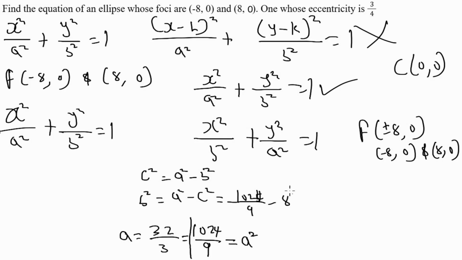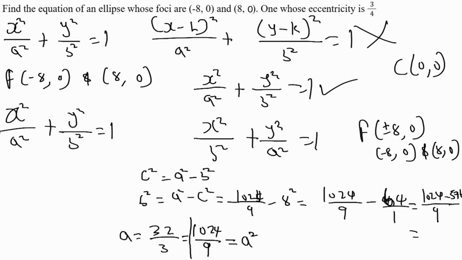It's supposed to be 8 squared, and that is 64. So we have 1024 divided by 9 minus 64. If the LCM is 9, we should have 1024 minus 9 times 64. 9 times 64 is 576.